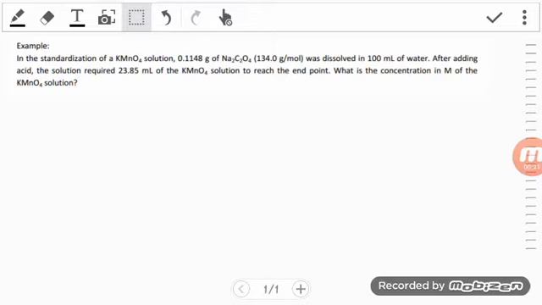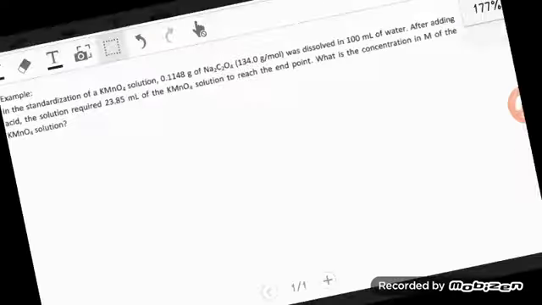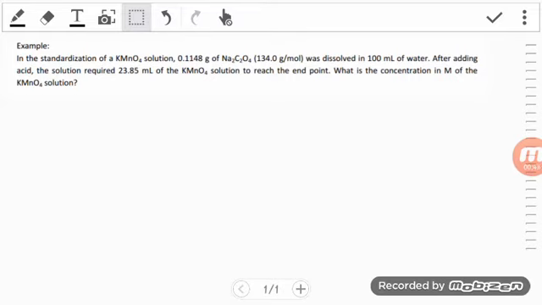After adding acid, the solution required 23.85 ml of the potassium permanganate solution to reach the endpoint. What is the concentration and molarity of the potassium permanganate? So first we're gonna write the redox reaction.